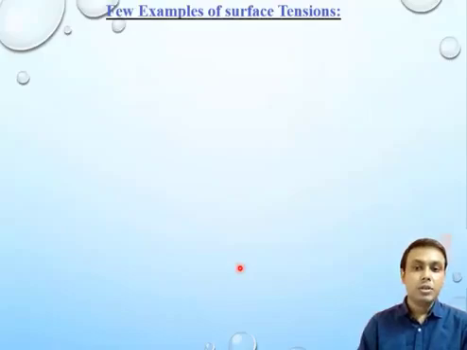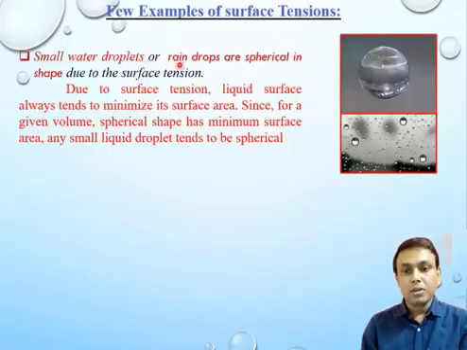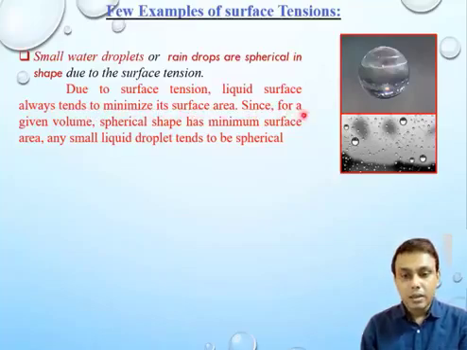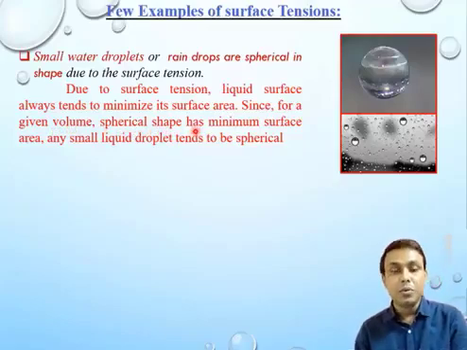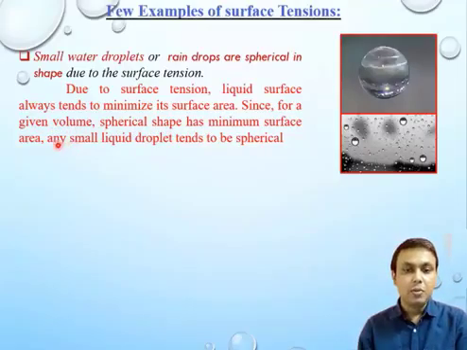Now a few examples based on surface tension. The small water droplets or raindrops are spherical in shape due to surface tension. Due to surface tension, the liquid surface always tends to minimize its surface area. Since for a given volume, a spherical shape has minimum surface area, any small liquid droplet tends to be spherical.